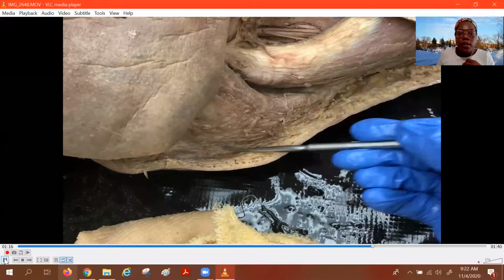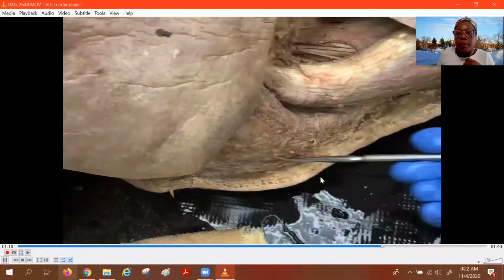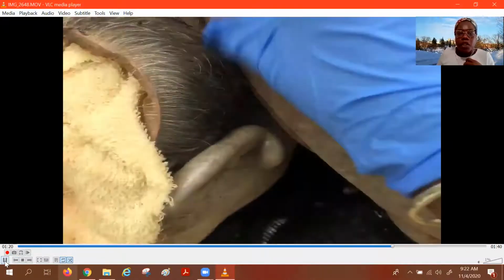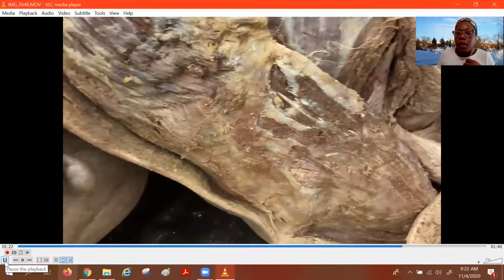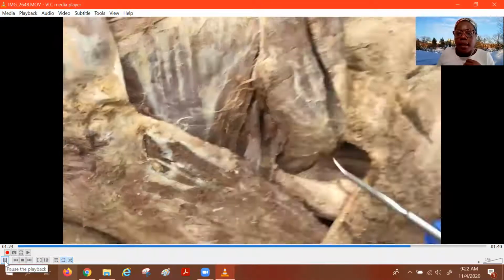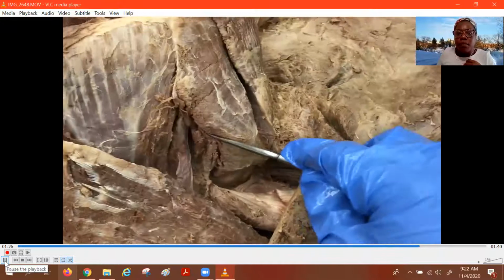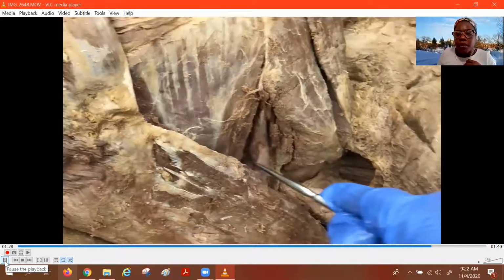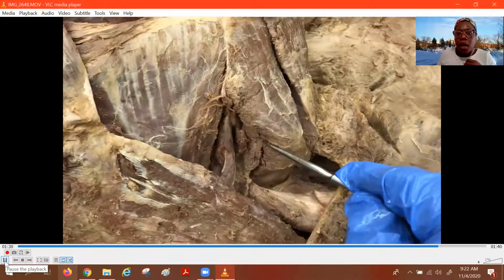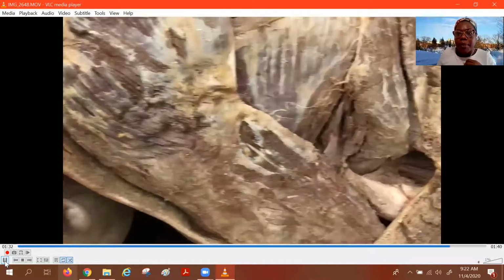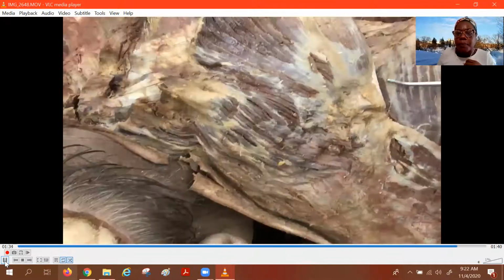And then as a final bit here, we can see the deltoid muscle, which is at the shoulder region. And then the teres major and teres minor muscle here, which are underneath the scapula and infraspinatus muscle.